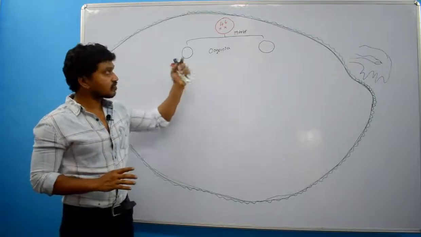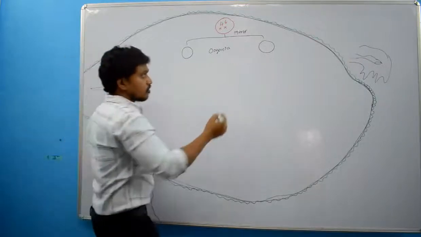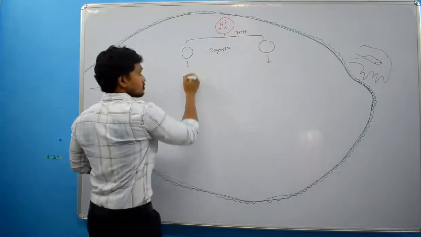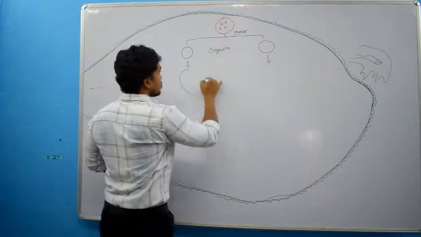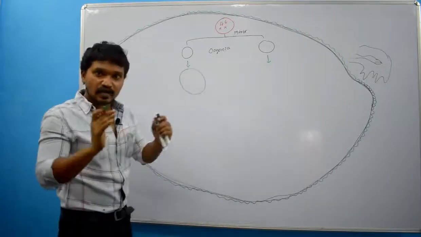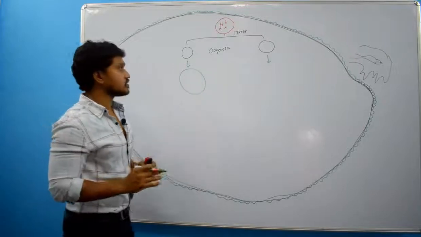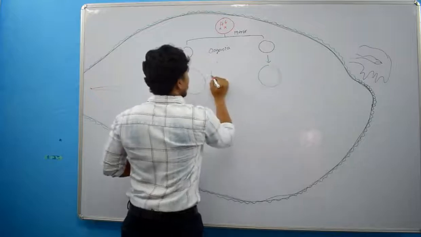Once they form oogonia, these oogonia convert or transform into primary oocytes. How? By enlarging their size. When oogonia enlarge their size, they convert into primary oocytes.